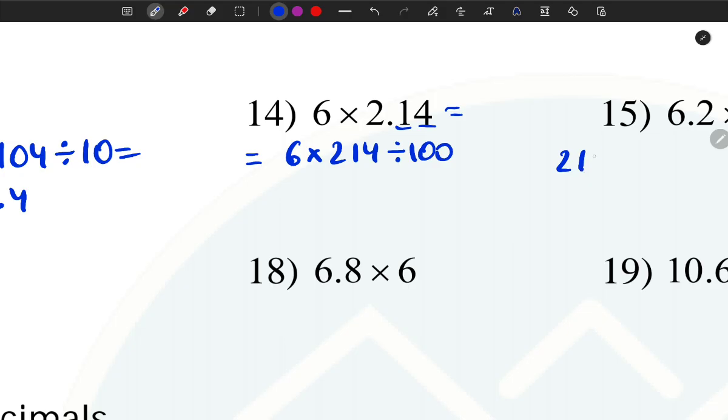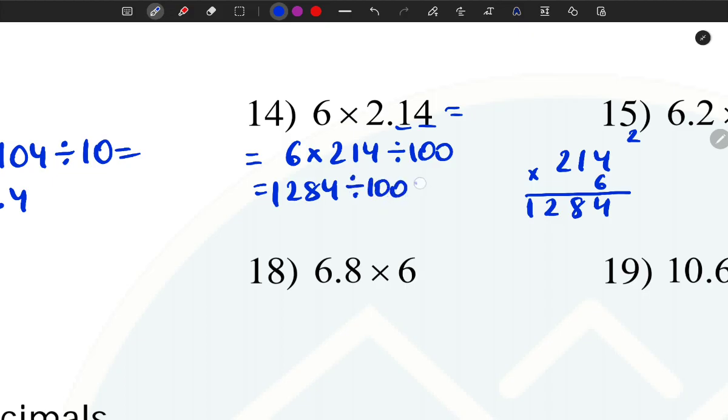Let me multiply this number. 6 times 4 gives us 24. 4 I write here and 2 in my mind. 6 times 1, 6, plus 2 in our mind, it gives us 8. Then 6 multiplied by 2 gives us 12. 1284 divided by 100, it gives us 12.84.